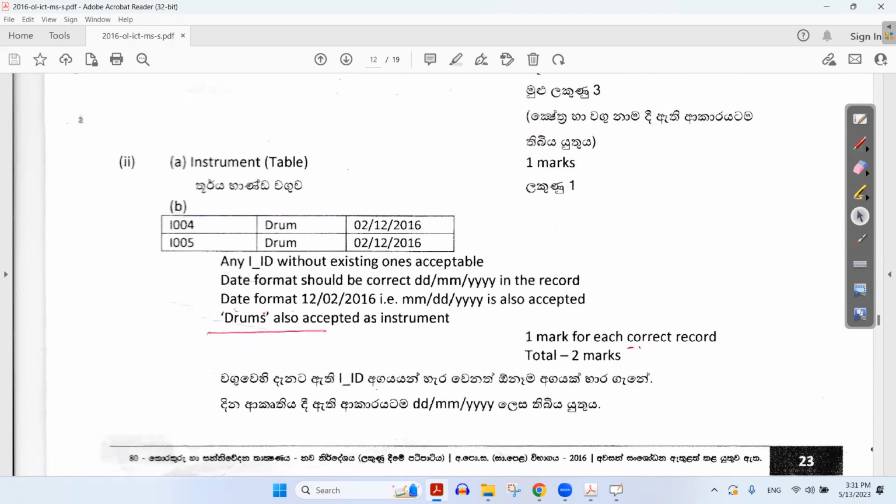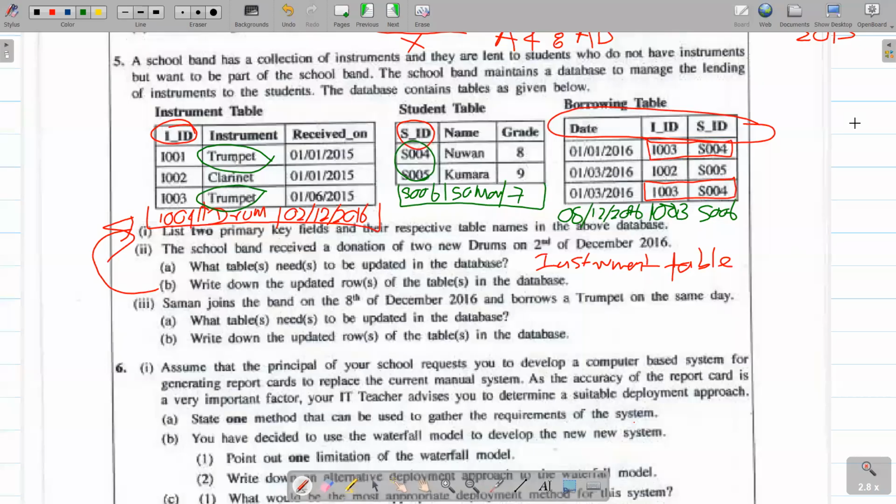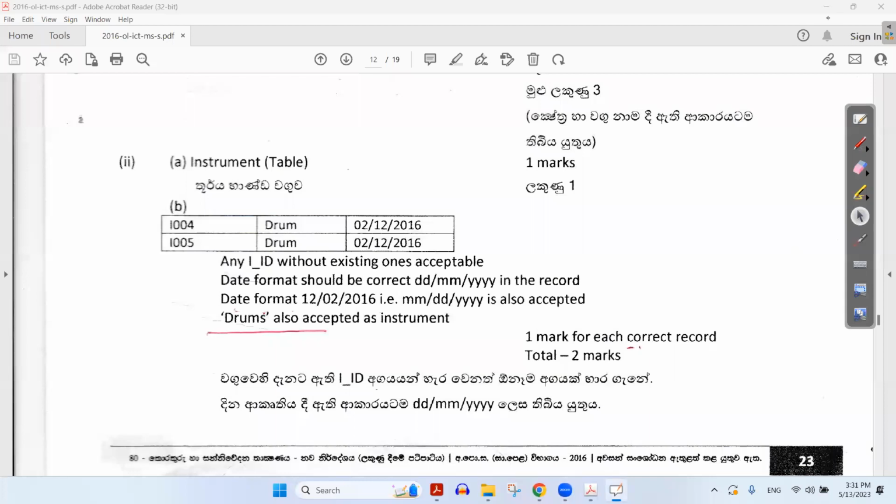So, oh my God, have they said 2 drums? I think I missed that. Oh yes, 2 new drums. So you must have 2 new records, something like this.